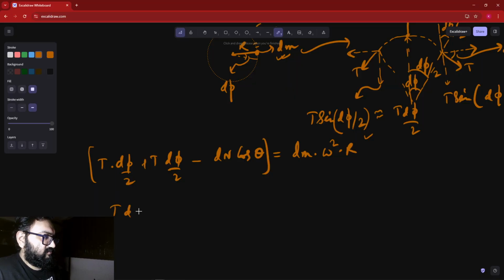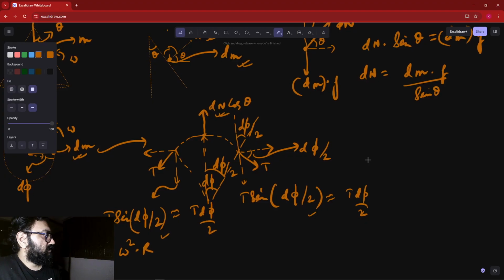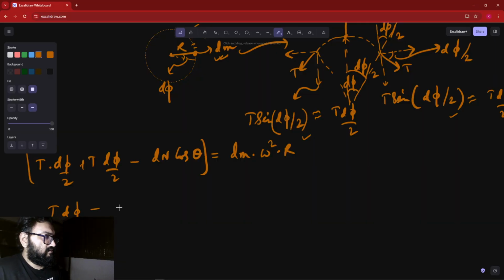I can write this as t times d phi minus dn. What was dn? dn was nothing else but dm into g divided by sine of phi, into cos of phi, so that gives me cot of phi, is equal to dm times omega square r.